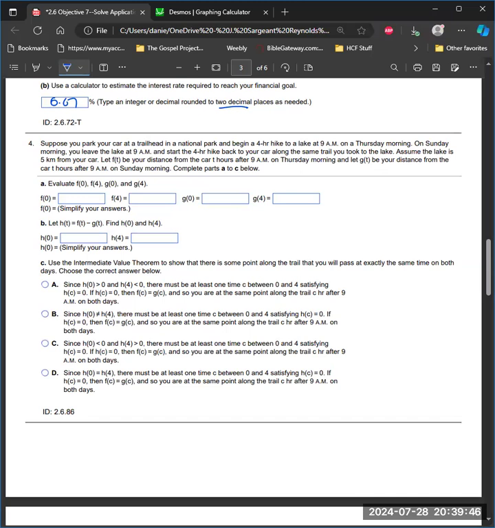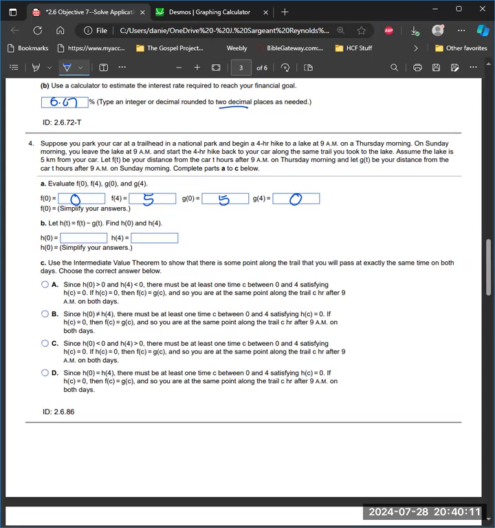So f of 0 is going to be 0. F of 4 is going to be 5, because after 4 hours, you get all the way to the lake, which is 5 kilometers from your car. G of 0 is going to be 5. And G of 4 is going to be 0. Supposedly, it's taking you the same time, 4 hours to get there and back, probably a level trail.